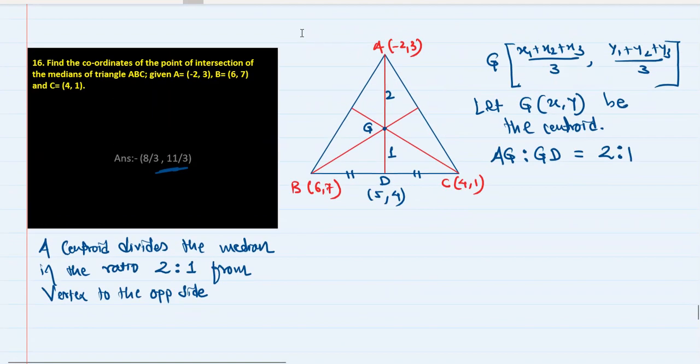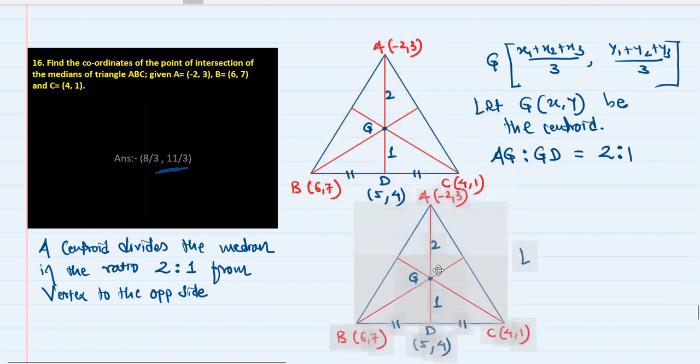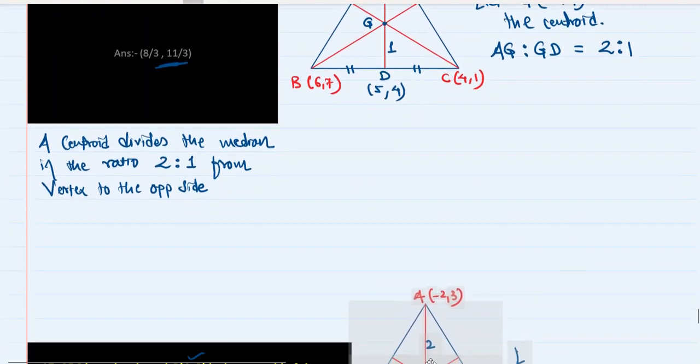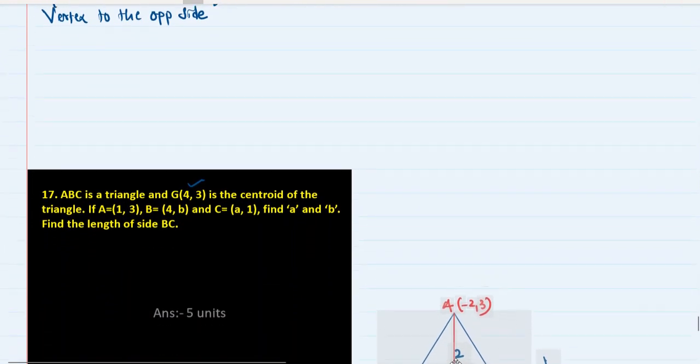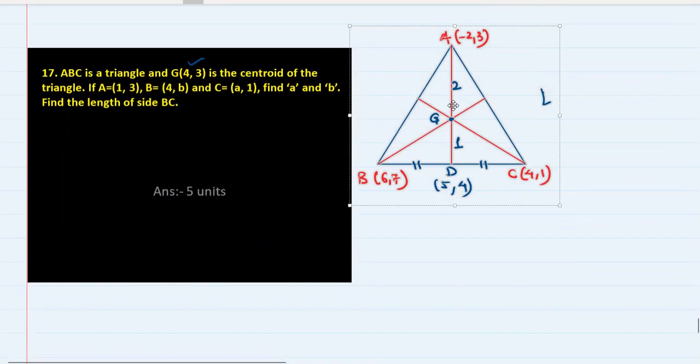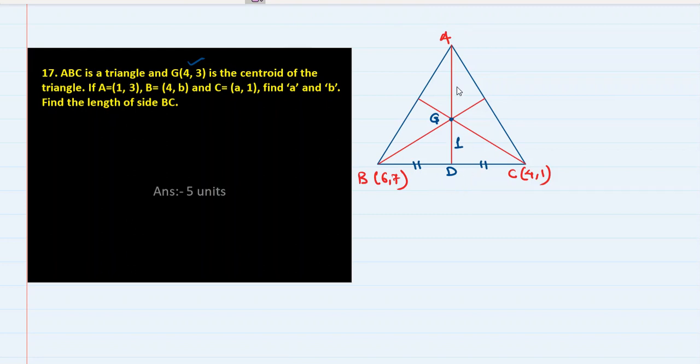So let me get the figure for you. The coordinates of the point G are (4, 3).